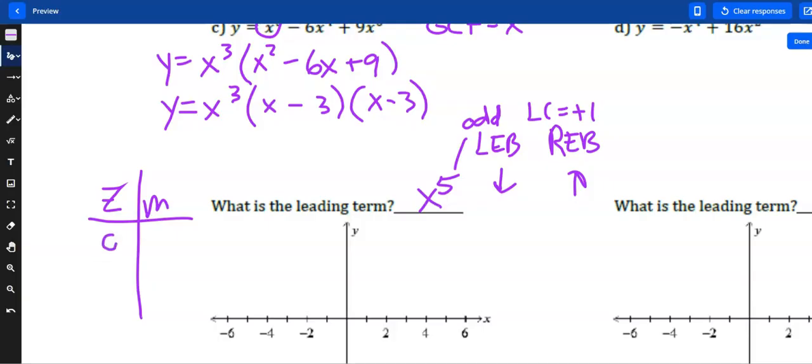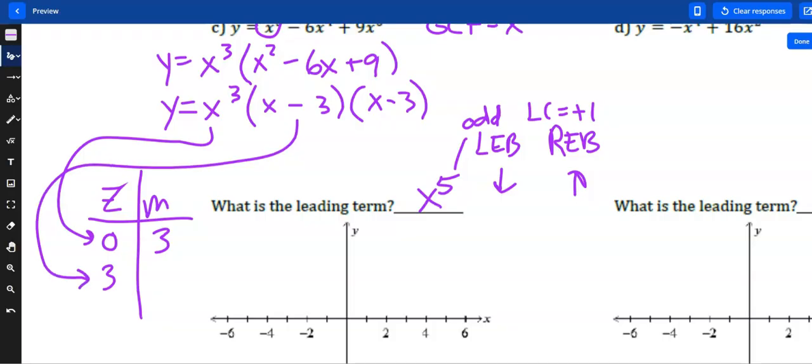My chart of zeros and multiplicities. I know that the first one is my 0, and it occurs 3 times. And then I have a 3 for the next one, which occurs 1 time. And, oh, wait a second. That's not 1 time, that's 2 times, because x minus 3 occurs twice.